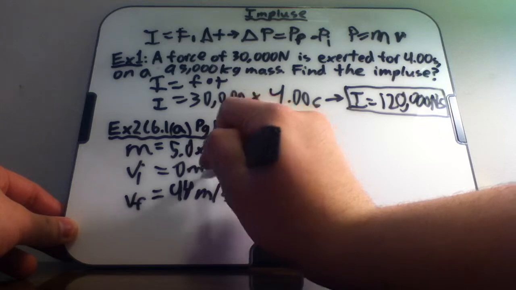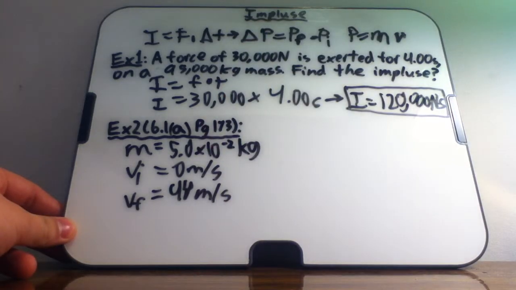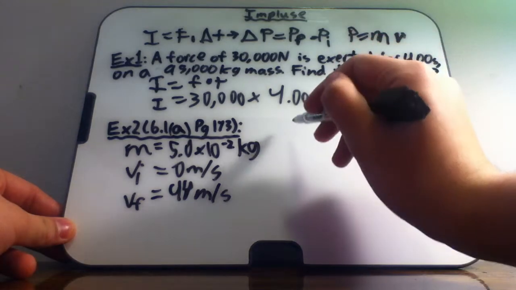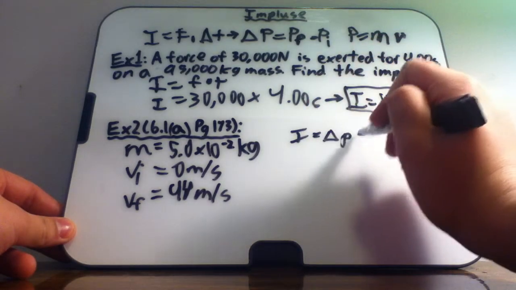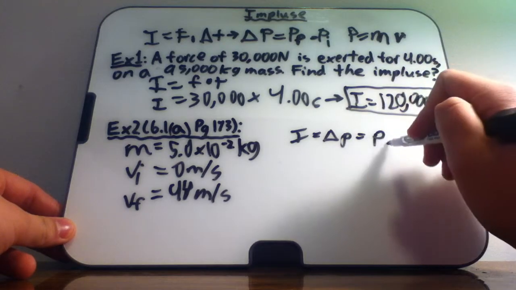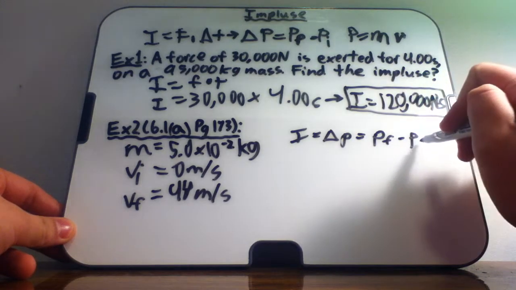Now, the equation we're going to use is impulse equals change in momentum, and we know that is P final minus P initial.